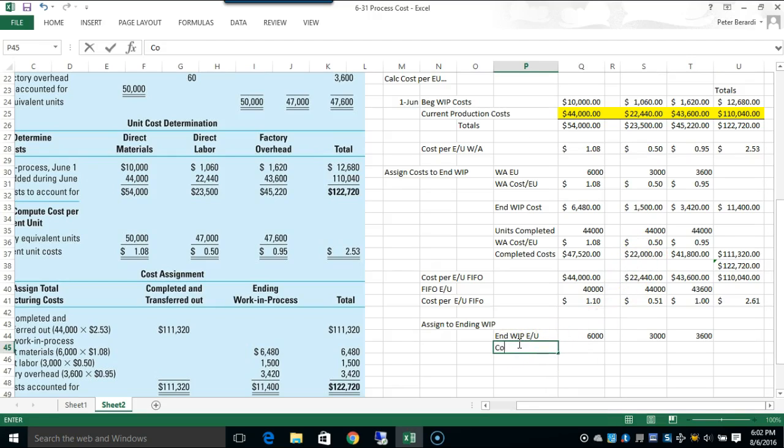So the cost per equivalent unit under FIFO is going to equal our current production, our ending WIP 6,000, times our cost per equivalent unit FIFO that we just calculated.